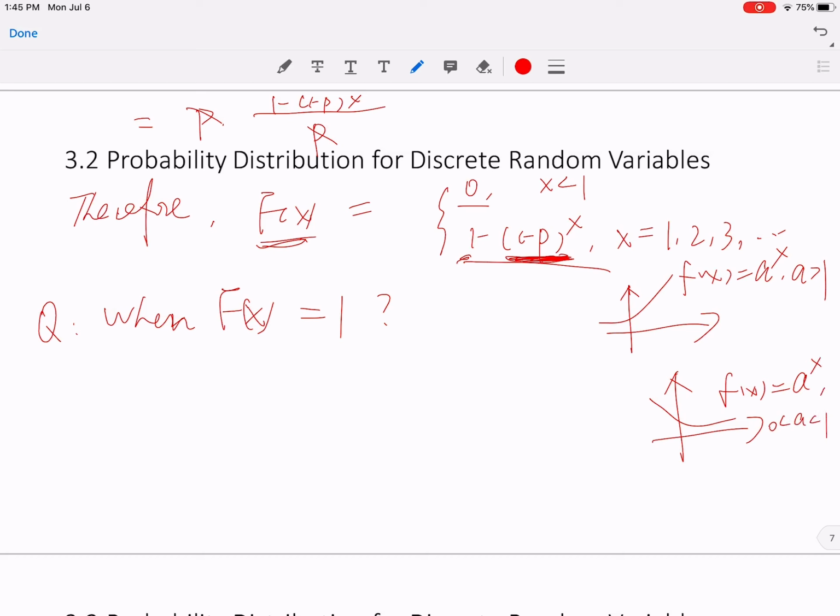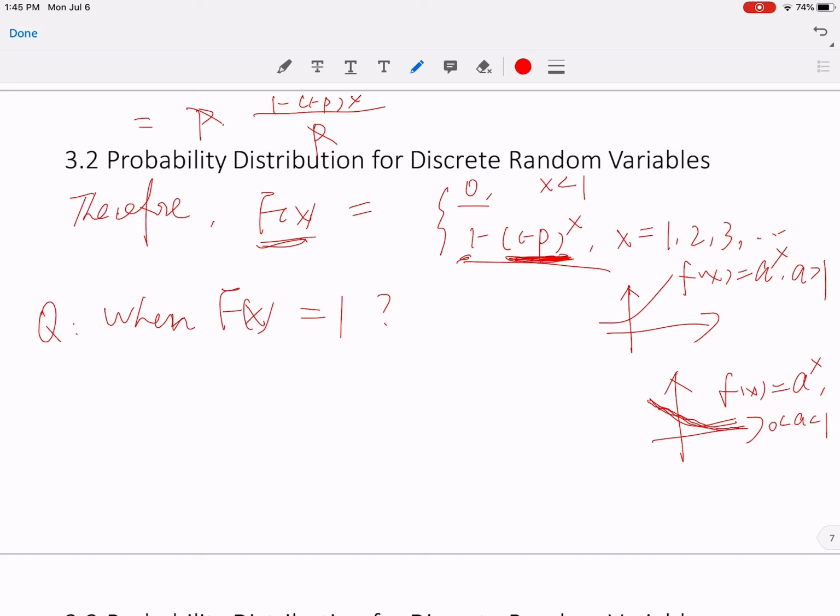So if a is between 0 and 1, the exponential function would be decreasing, and it's going to approach 0 infinitely when x is going to infinity.